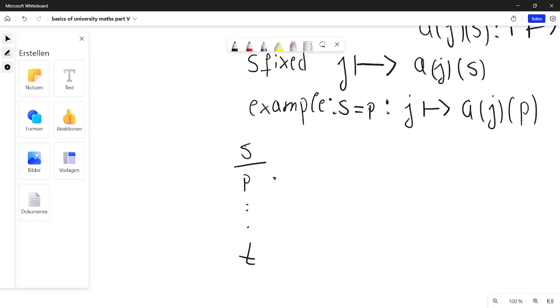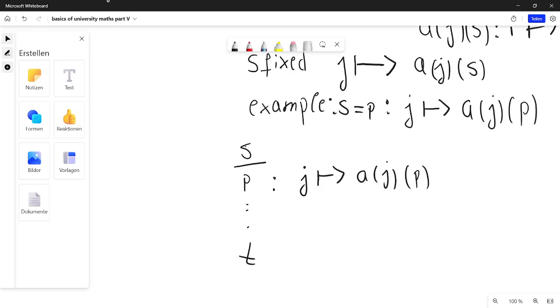And for each such, we have such a function which assigns a J of P. So S is now a fixed value, and for each such fixed value, we have a function that assigns to J some number that depends on this fixed thing, because this function is for this fixed thing. For this thing that we have fixed for S, we have a whole function that assigns to the argument J a certain number.